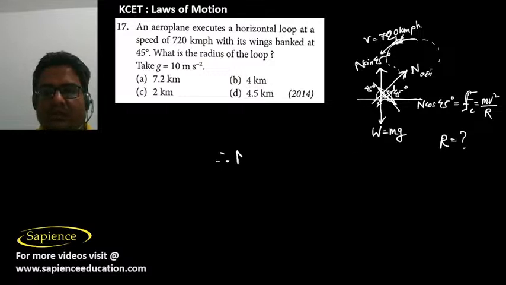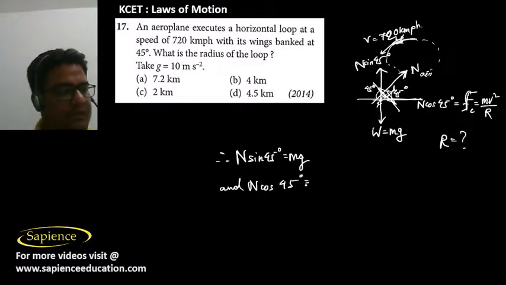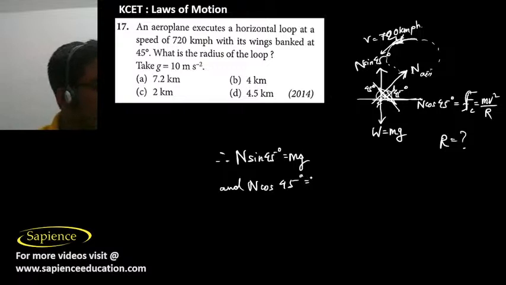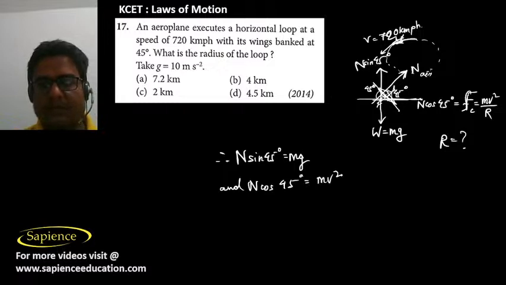So therefore here we can say that N sine 45 degree is equal to weight, which is mg, and N cos 45 degree will be equal to mv square by r.